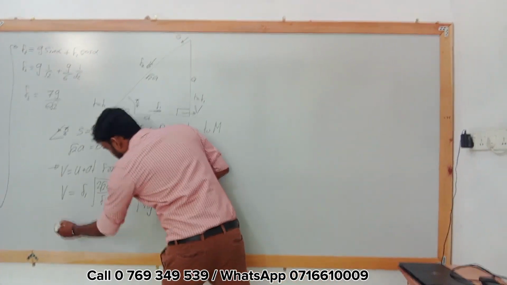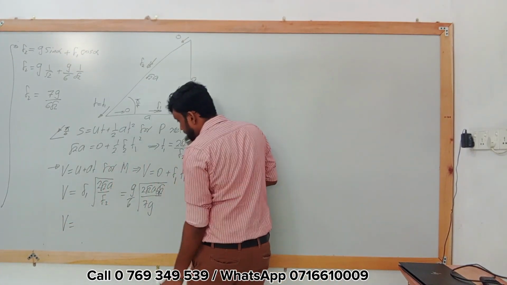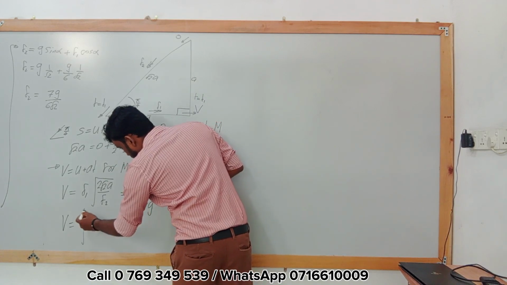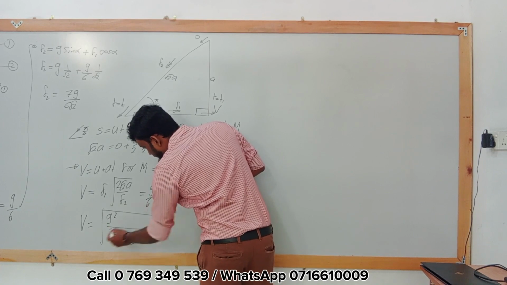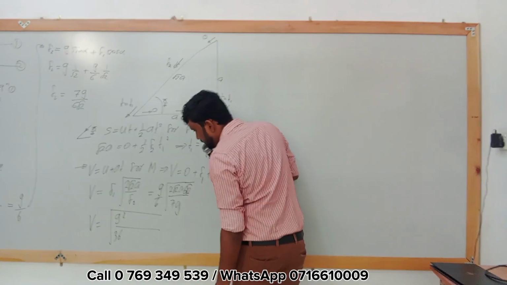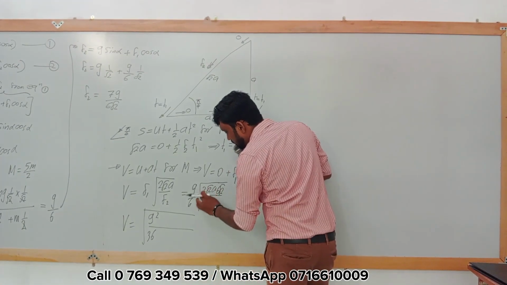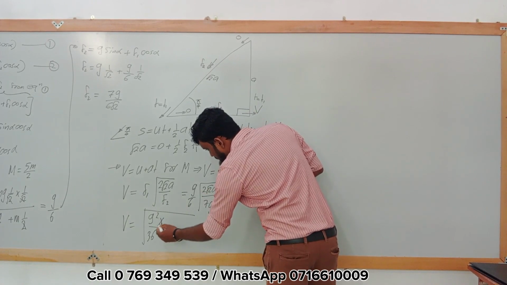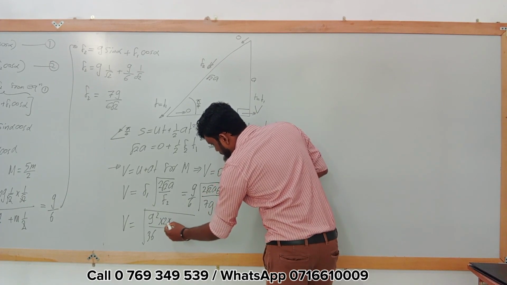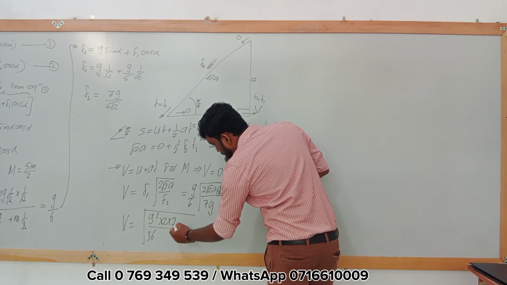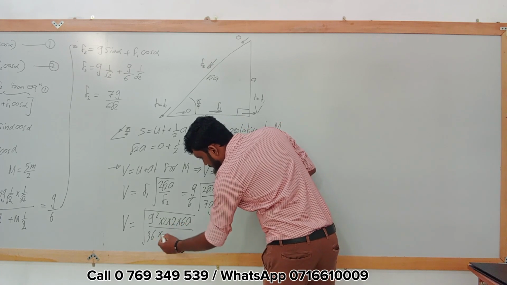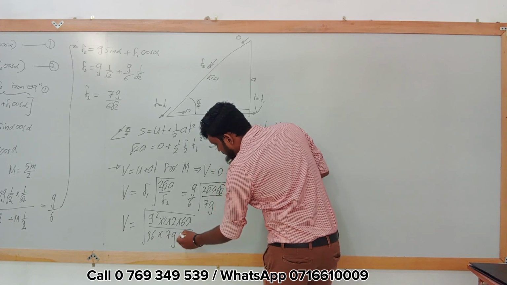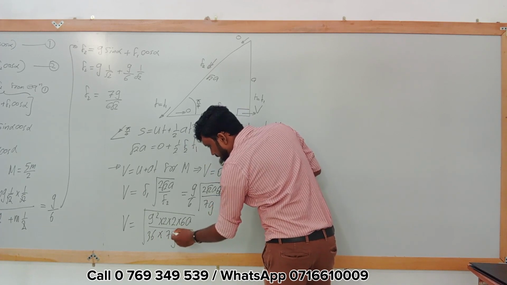Now we have the calculation. Let us complete it. g square divided by 36, 2 into 2 into 2 into 6a into 7g. One g is cut.